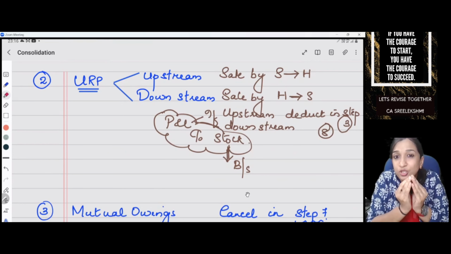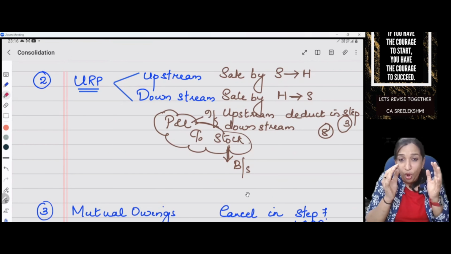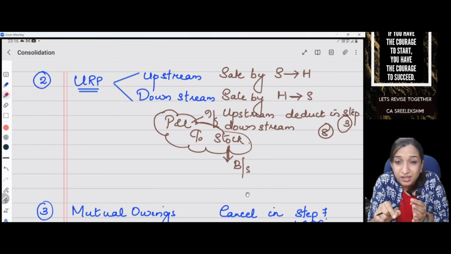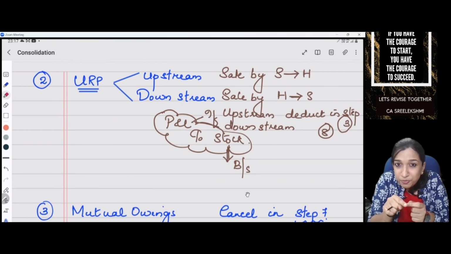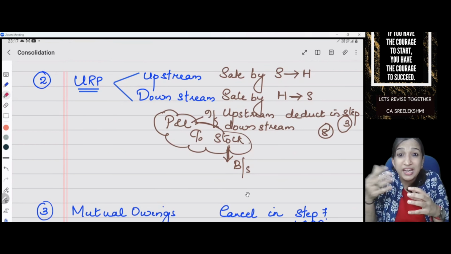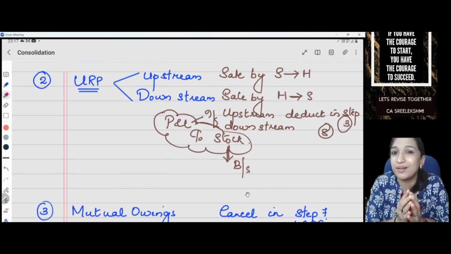So on the date of consolidation, there is closing stock, and closing stock includes a profit element. Profit from where? Profits within the group. Holding sold to subsidiary or subsidiary sold to holding. So that closing stock includes a profit element from an entity within the group, which requires elimination.